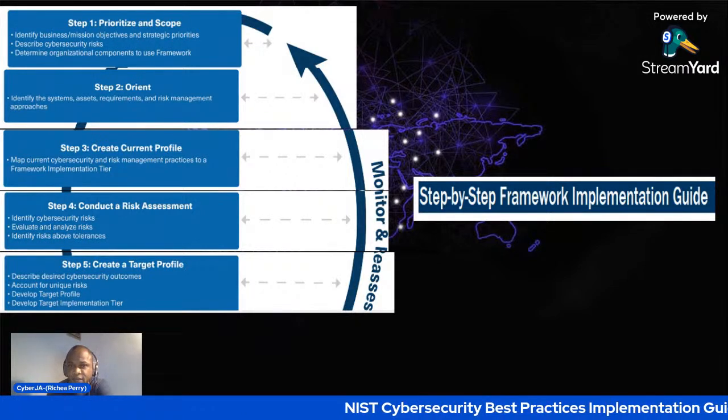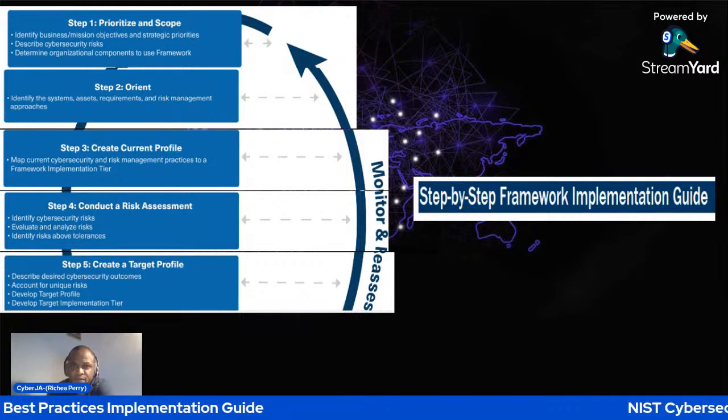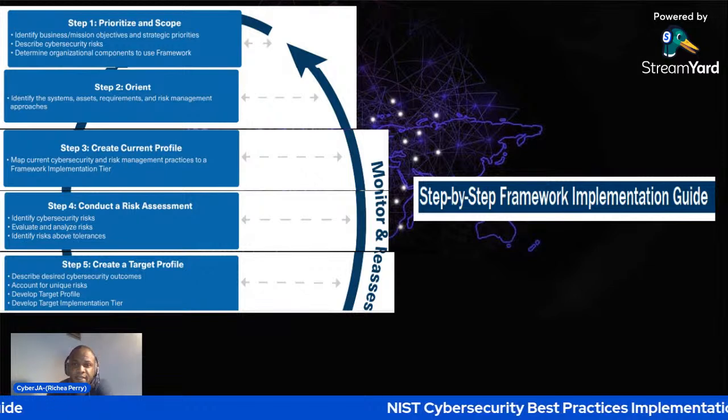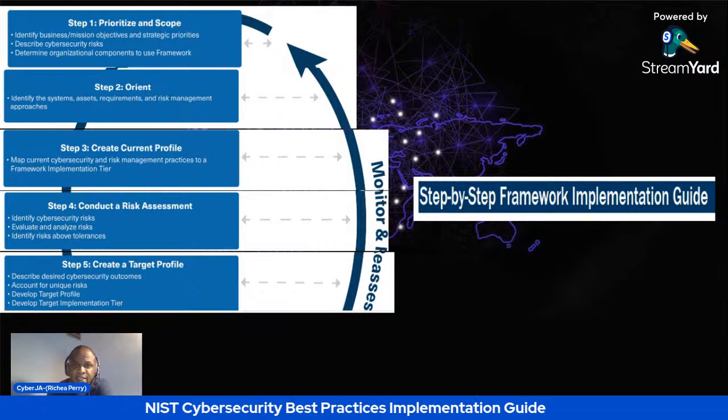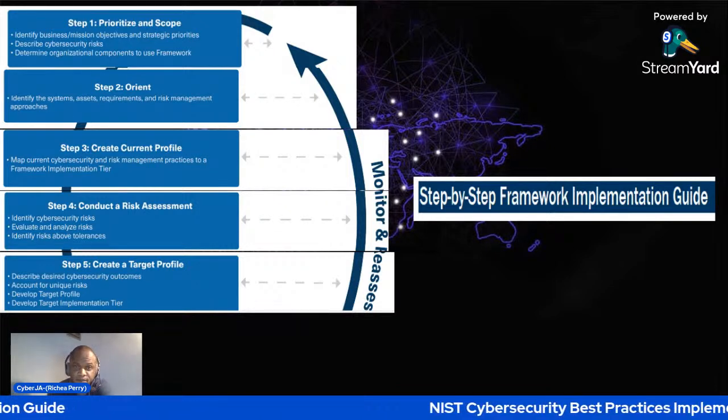Now, the target profile outlines the key category and subcategory outcomes and associated cybersecurity and risk management standards, tools, methods, and guidelines that will protect against cybersecurity risk in proportion to the risk facing organizational and critical infrastructure security objectives.